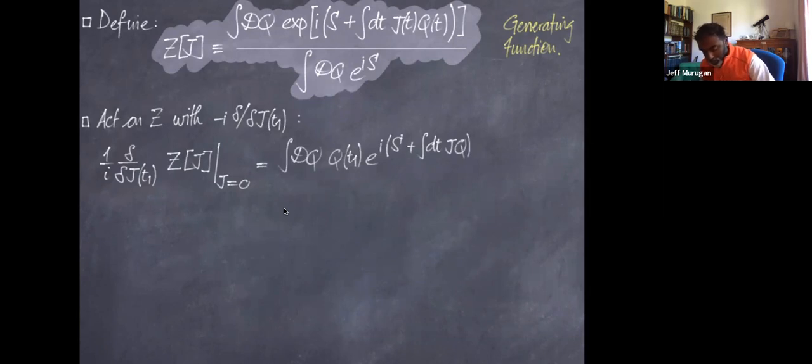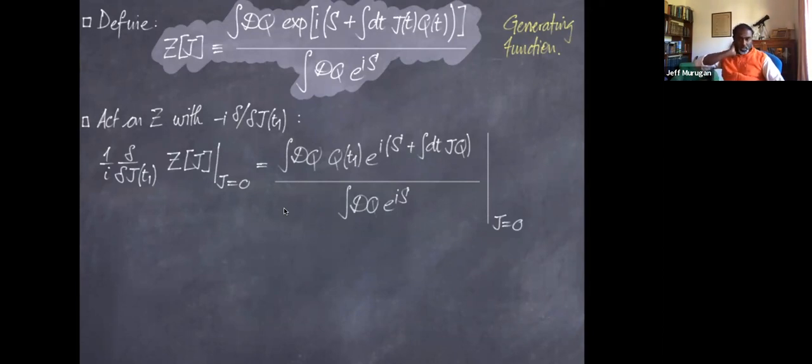Then I want to normalize this by dividing through by the integral with respect to Q of e to the iS. And at the end of the day, I want to set J equal to 0.